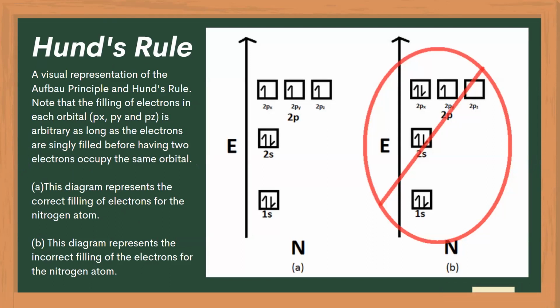As we can see, we have 7 electrons, and in the first diagram there are parallel spins and here there is an empty orbital. We must follow the rule that we fill all the orbitals before having two electrons occupying the same orbital. So this is the correct representation of filling of electrons for the nitrogen atom.